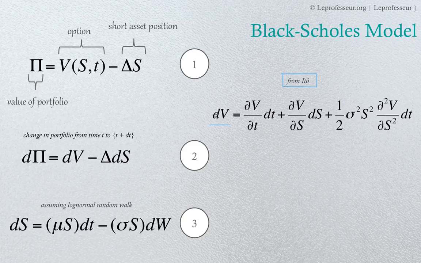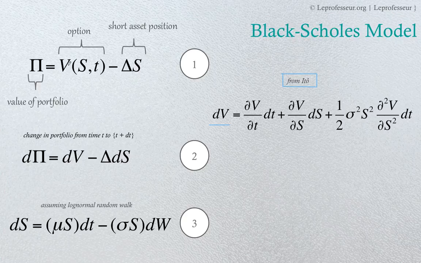We know that the small change in the value, dV, in calculus we represent by a derivative. So that small change will be represented by this equation: the partial derivative with respect to time, dt, plus the partial derivative of V with respect to S, dS.